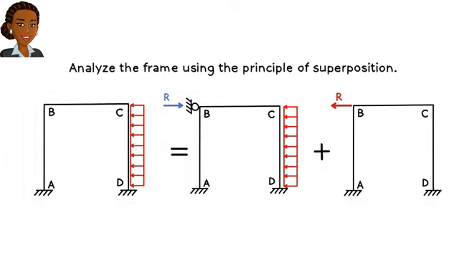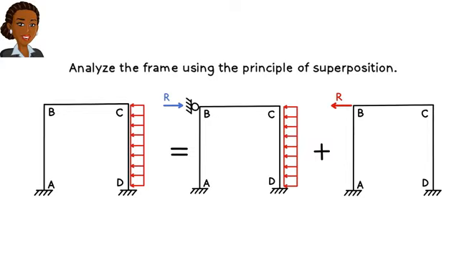Since we already know how to analyze both of these simpler frames, we can easily determine the member forces and support reactions in the original frame. The assumption here is that all three frames are identical with respect to their geometry and material properties.